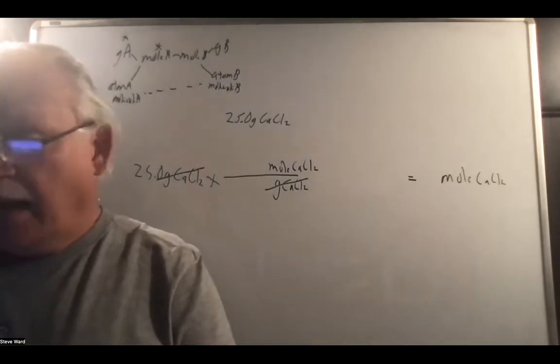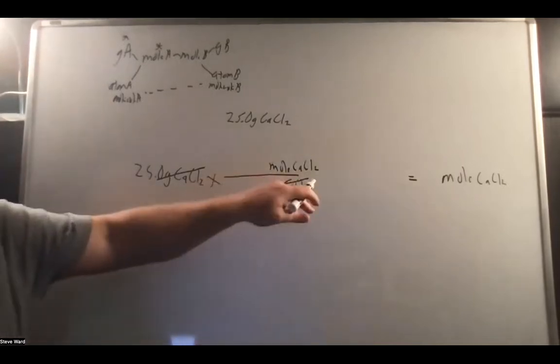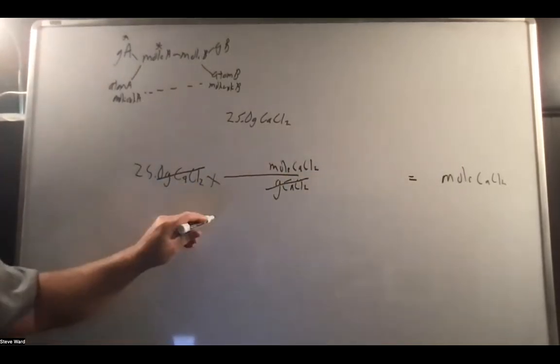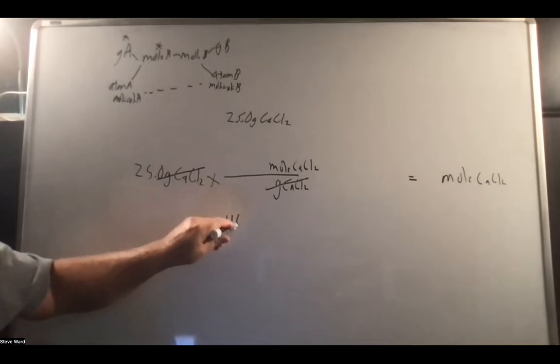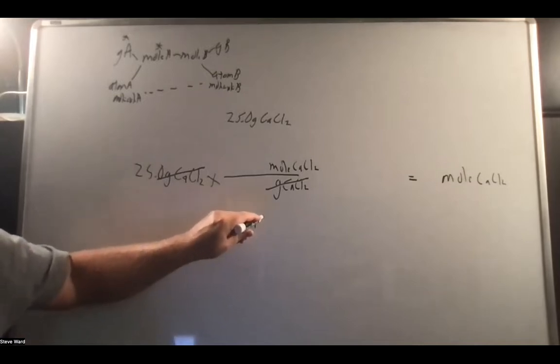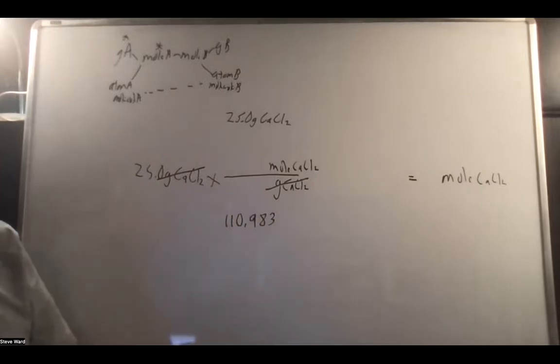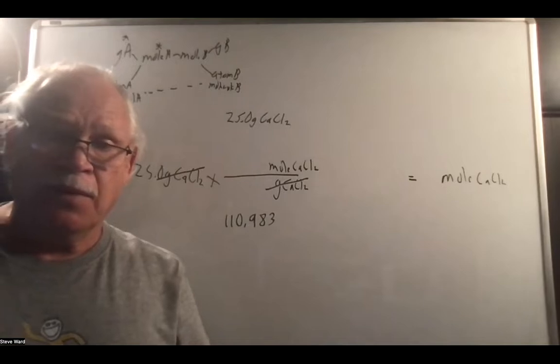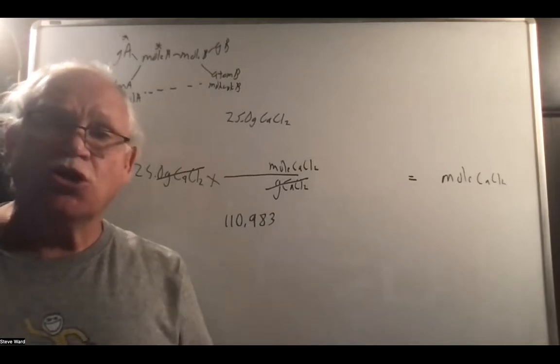Okay. Now, if I calculate the molar mass of this compound, and we learned how to do that, so I'm not going to do that again, I find the molar mass is 110.983. Now, if that's the molar mass, my question is, what are the units?